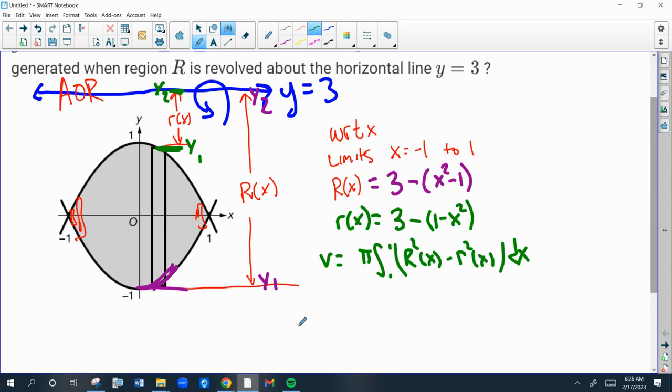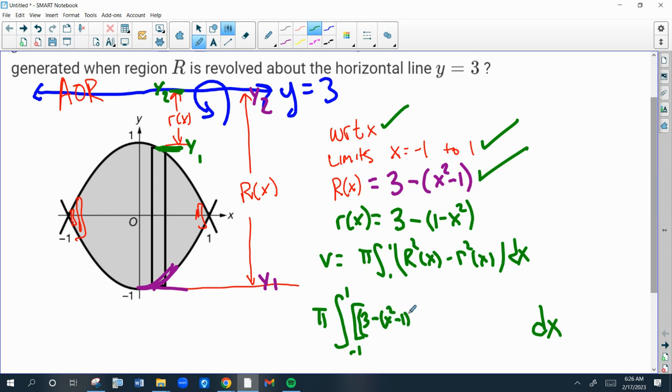We have pi times the integral with respect to x from -1 to 1 of big R of x squared minus, now little r of x squared, dx. And that's your answer.